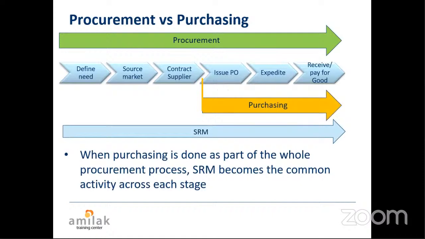When purchasing is done as part of the whole procurement process, supplier relationship management becomes the common activity across each stage. So you have SRM right across the whole procurement phase. Unless your purchasing started at issuing of a PO, it's a low value item, it's below the threshold of even a request for quotation or a request for proposal, you just place a purchase order on the supplier, then there's usually no need for you to undertake supplier relationship management.